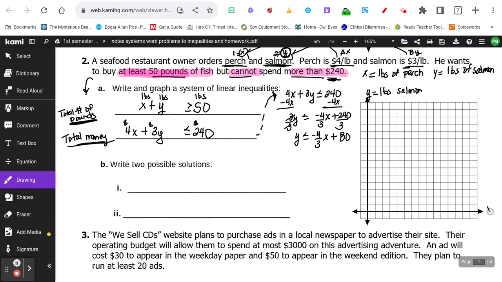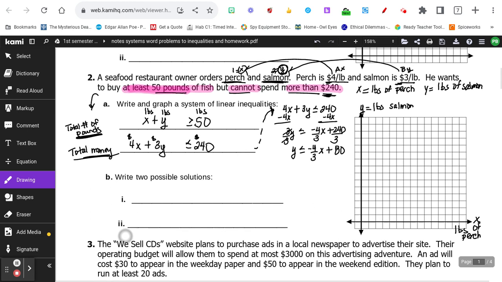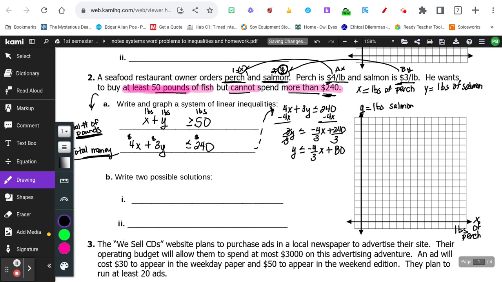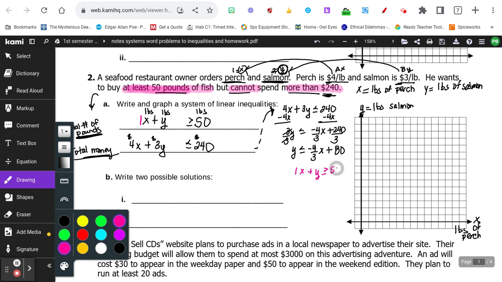X was the pounds of perch. Okay. All right. Now that that's settled, let's go ahead and do this other inequality. I'll do it in pink. And I'm going to put an imaginary 1 there. So I'm going to subtract 1X from both sides. So I end up with Y greater than or equal to negative 1X plus 50.